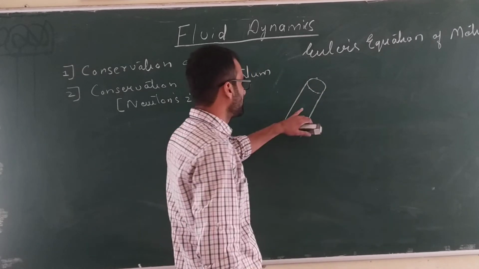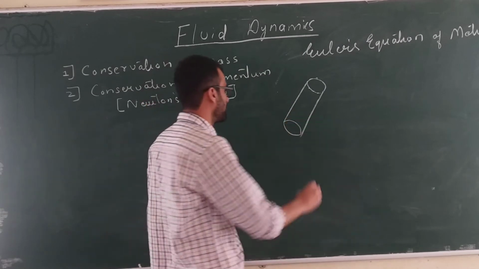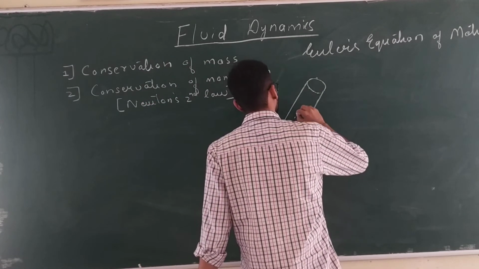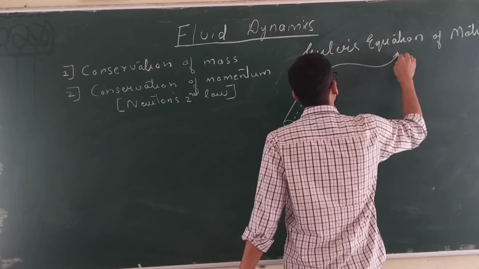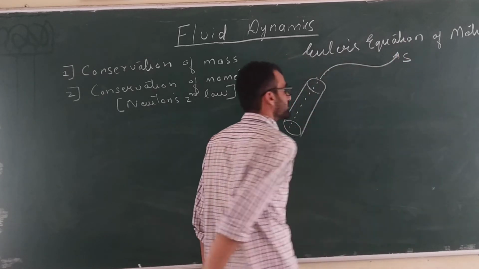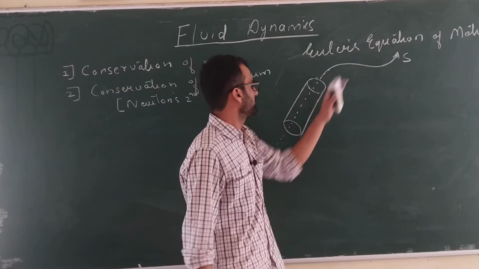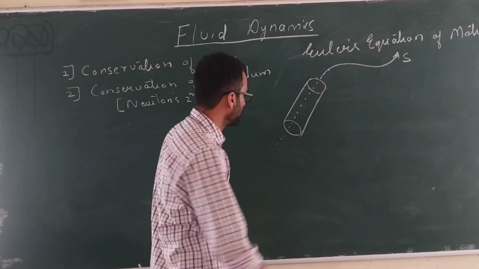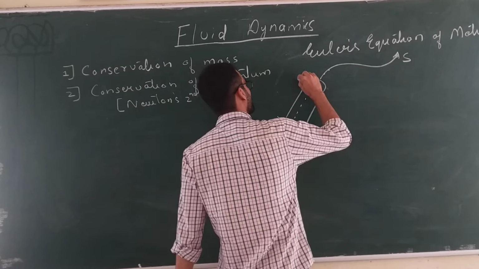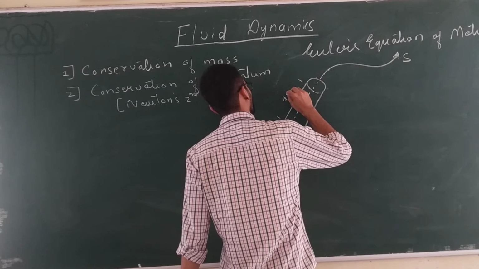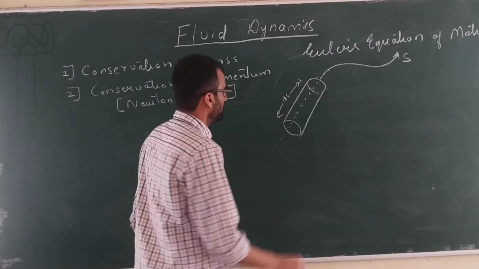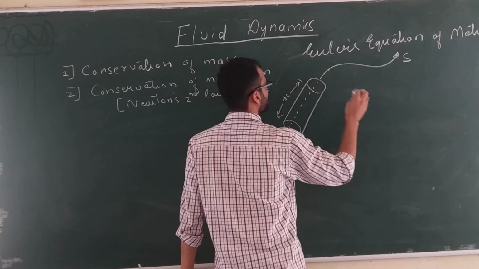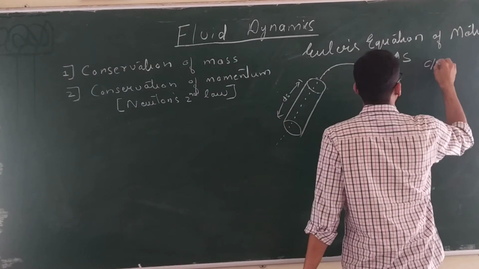I will consider one cylindrical element of fluid, flowing along this streamline. This is the streamline, direction is x. So along a streamline you consider a cylindrical element of fluid. The length of the cylindrical element is, let's say, ds, and the cross sectional area is dA.